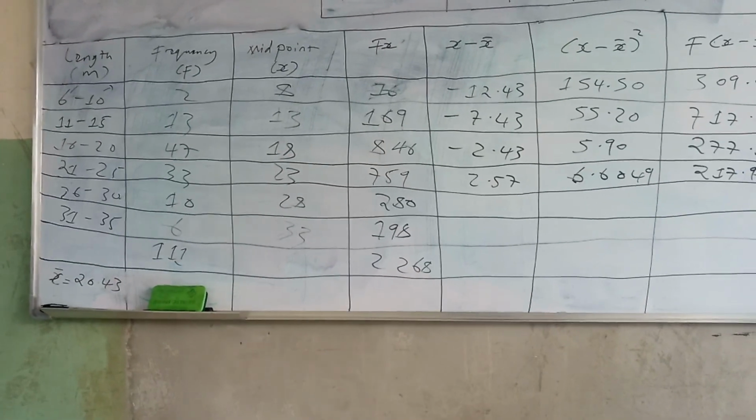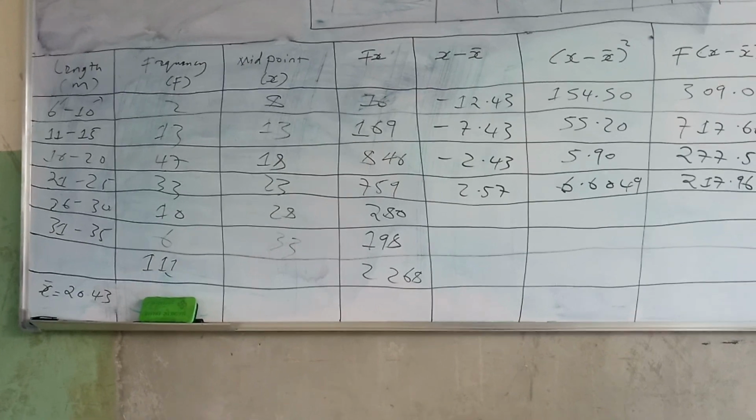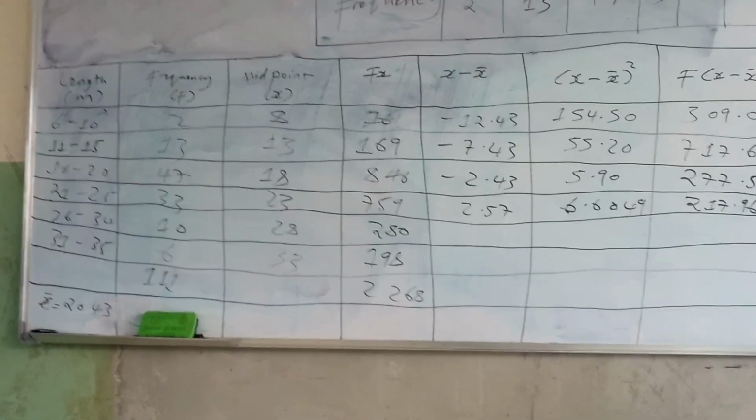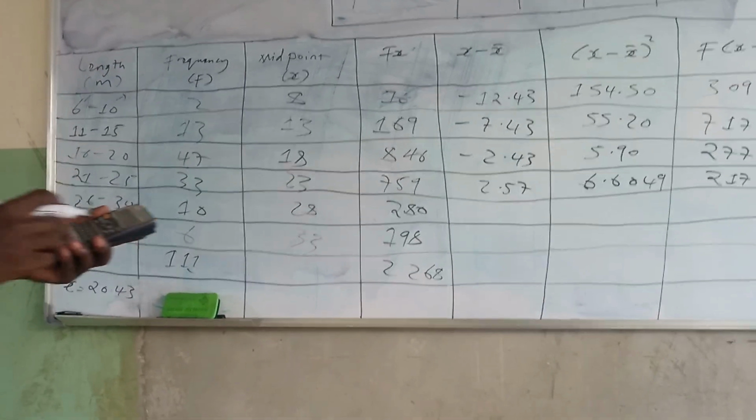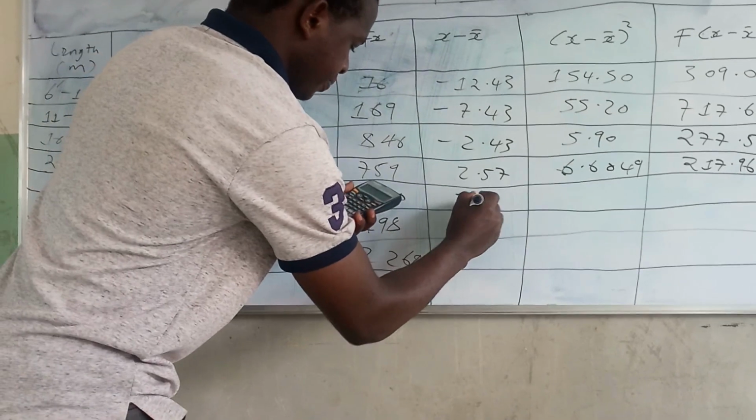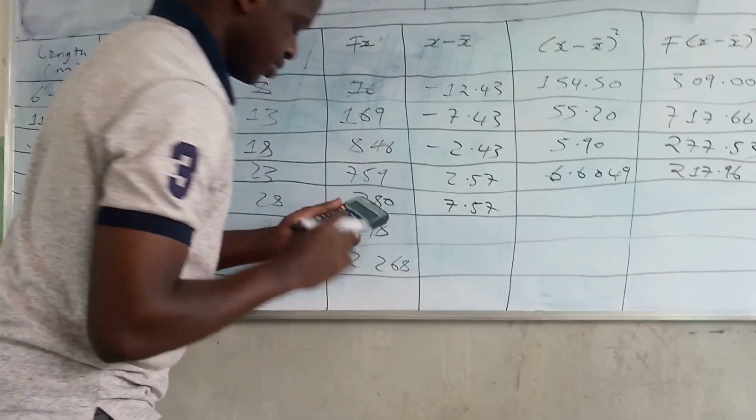The next class interval, my midpoint is 28, so 28 minus 20.43 gives 7.57.